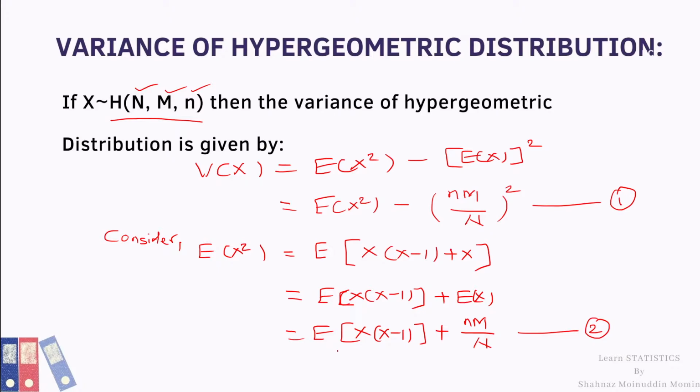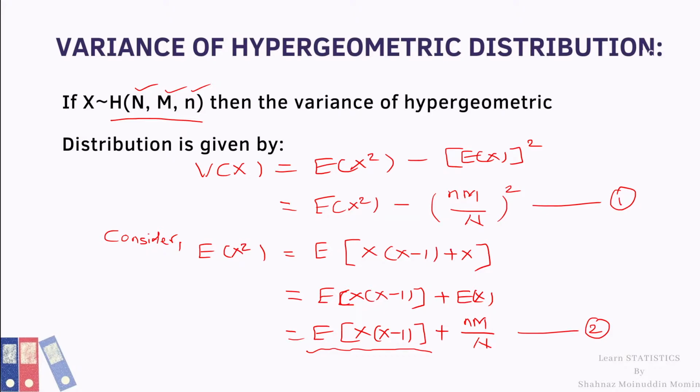Now we will first calculate the expected value of X into X minus 1, then we will put its value in equation 2, and after that we will put equation 2 in equation 1 to obtain the value of the variance.